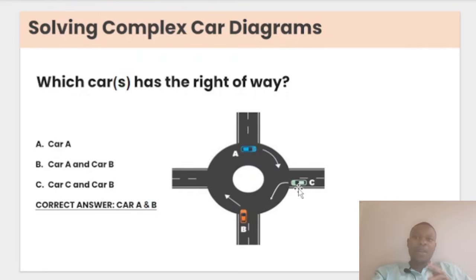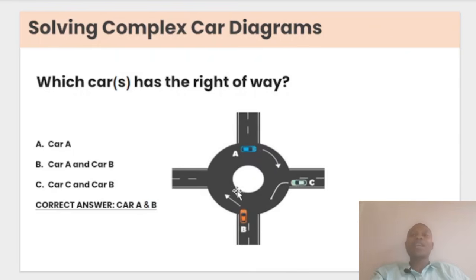Here is also another thing that I want to tell you about. At a roundabout, if a car can enter the roundabout without disturbing the movement of the cars that are already circulating, it means that it has right of way. Now these two cars, car B and car C: you can see that car B can safely enter the roundabout without disturbing the movement of car A, because car A is way too far to be influenced by the movement of car B into the roundabout.